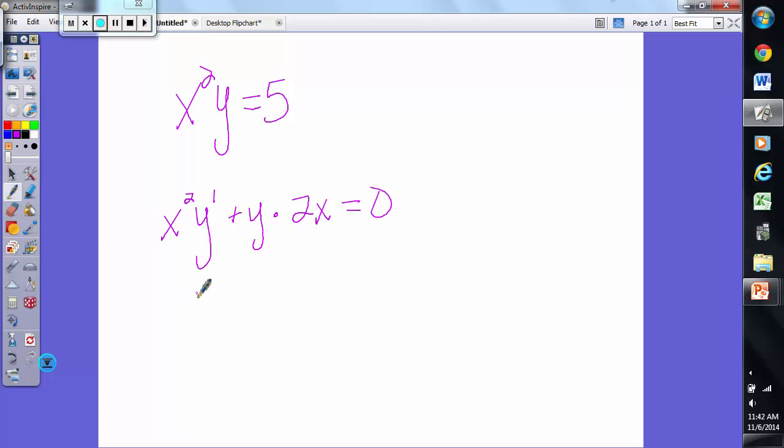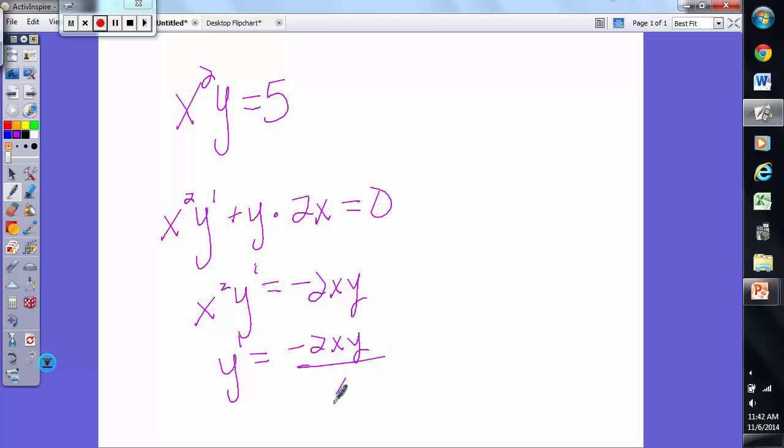So to solve for y prime, we would subtract this term. So we'd have x squared y prime equals negative 2xy. Divide by x squared. So y prime equals negative 2xy divided by x squared, which is negative 2y over x. That's all you do. There's y prime.